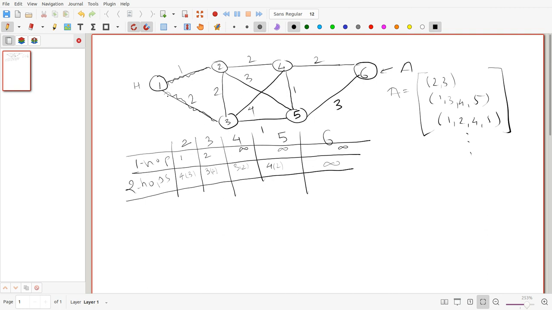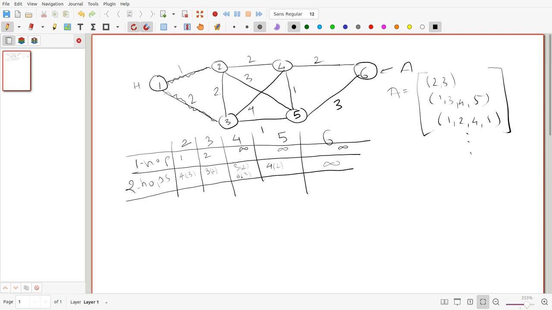Well, it takes 2 plus 4, 6 units of time to get to node 4. I can say it takes 6 units of time and I'm coming via node 3. But what I want to do, in fact, is not to write these two numbers. Because if I ever want to get to node 4, I'm only ever interested in finding the minimum amount, right?